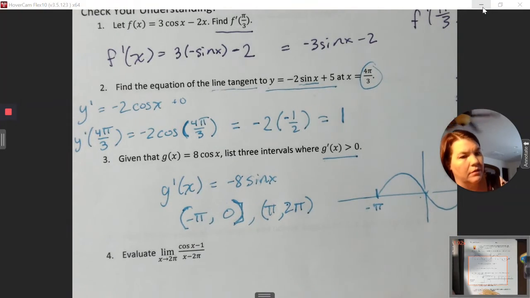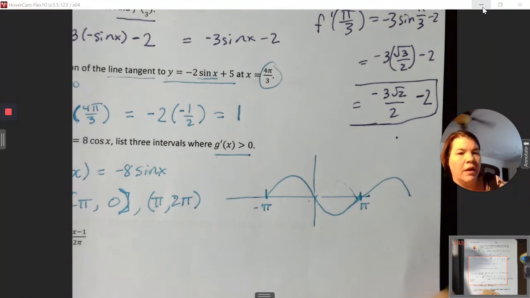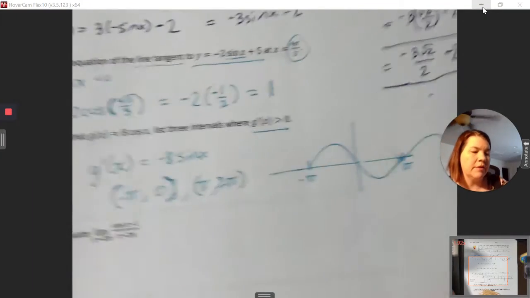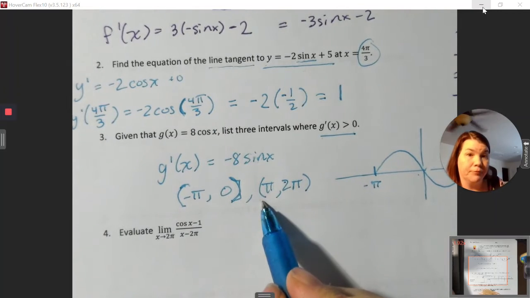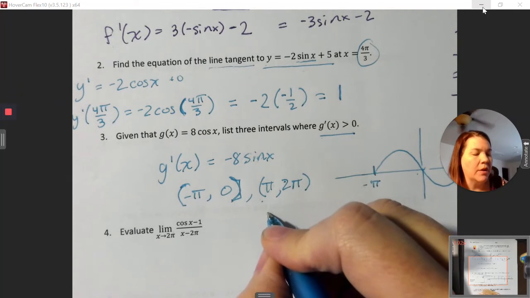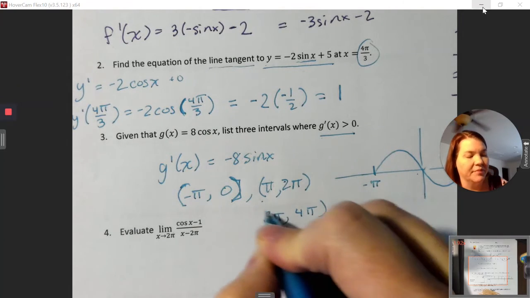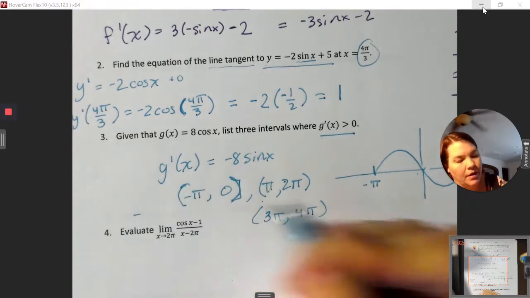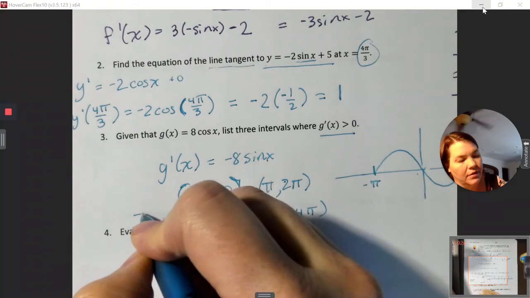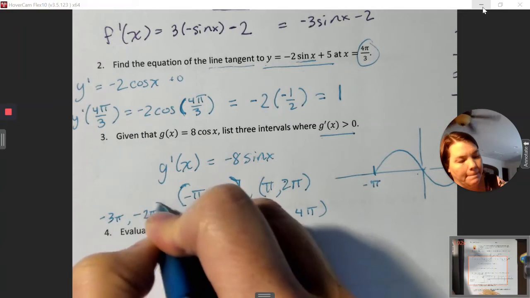See, it's going to be positive over here, and that's going to be pi, then it's going to be negative, then it's going to be positive again. You find the third one. Okay? I found the 2 easy ones. Yeah, the third one is going to be 3 pi to 4 pi. Or if you went the other way, negative 2 pi to negative 3 pi.